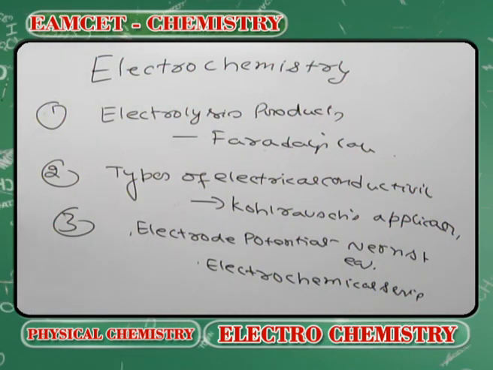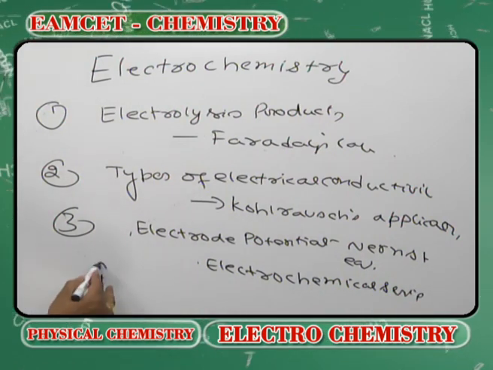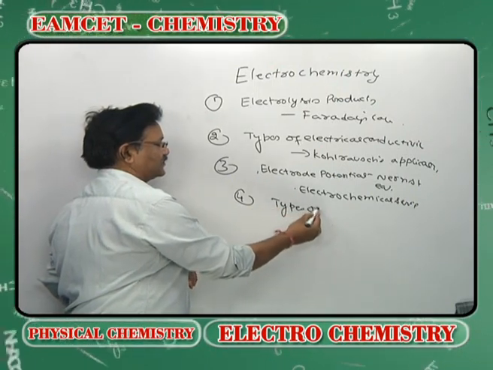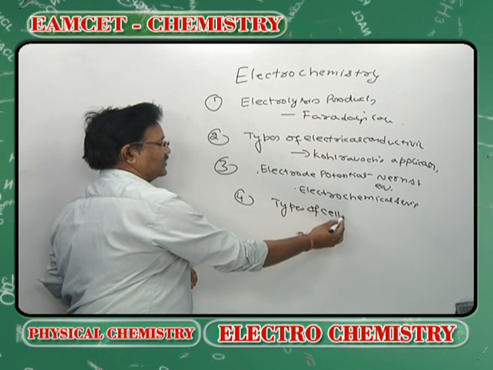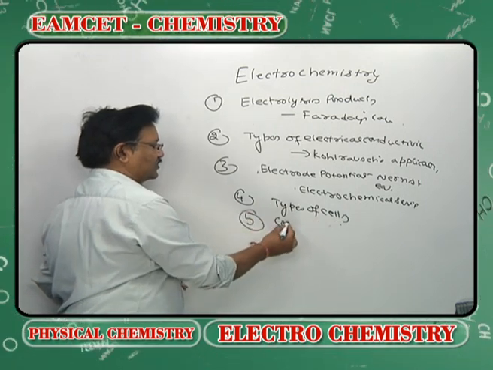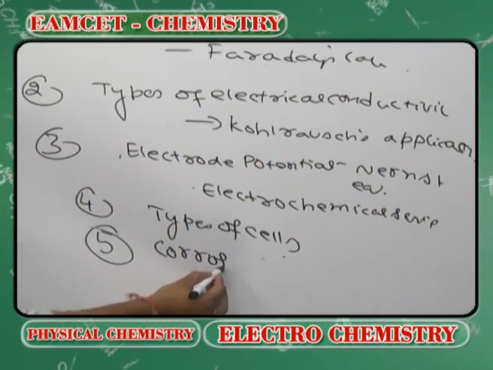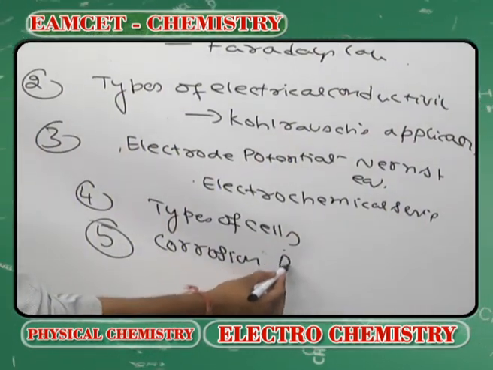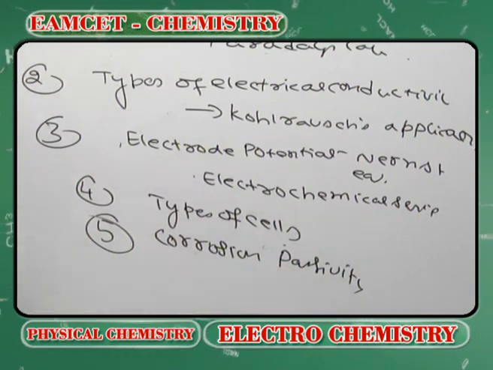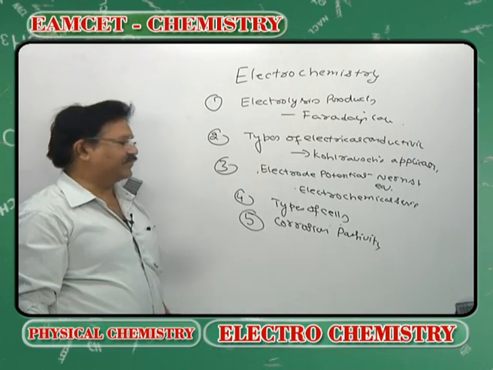Next, the fourth point is types of cells. And the fifth one is corrosion and passivity. These are the 5 side headings which we have to concentrate on.